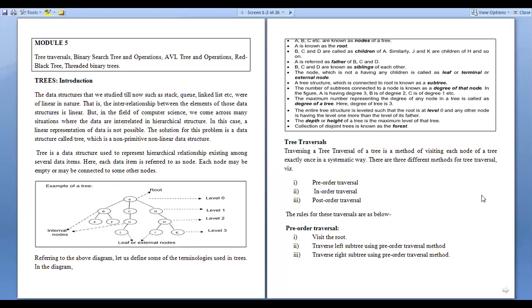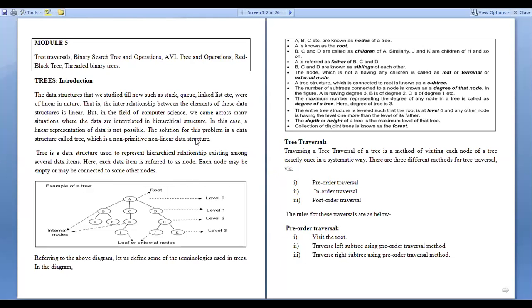But this rotation again takes much more complexity, correct? So where insertion and deletion are frequent, we can't use AVL trees, because it is inefficient. When searching is frequent whereas insertion is not frequent, we can use AVL trees.